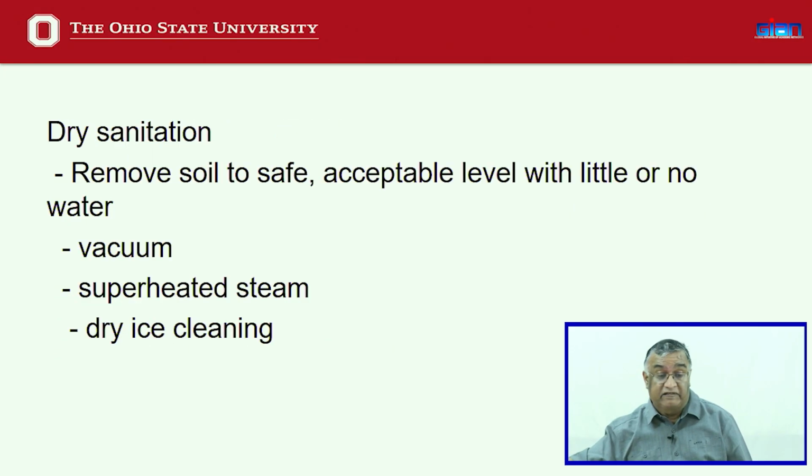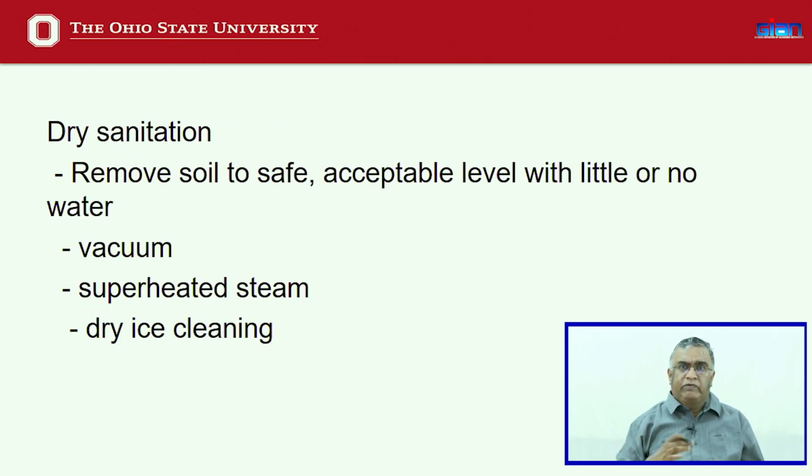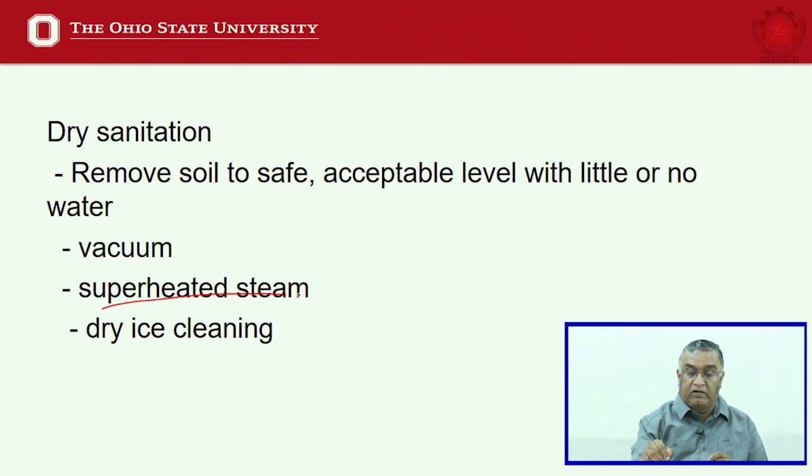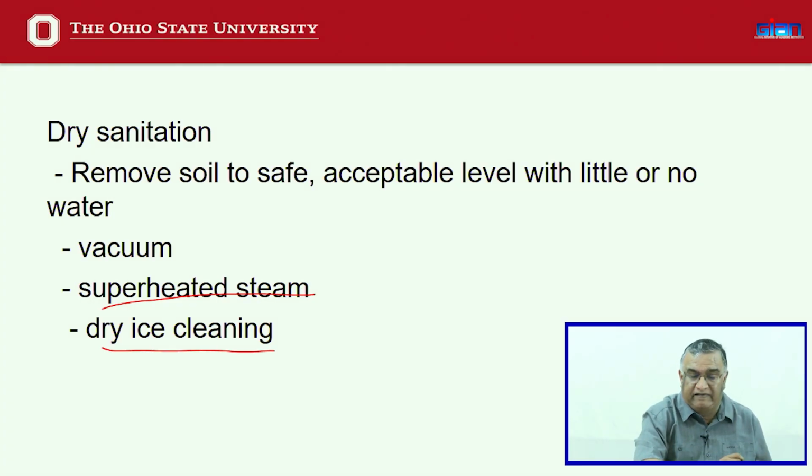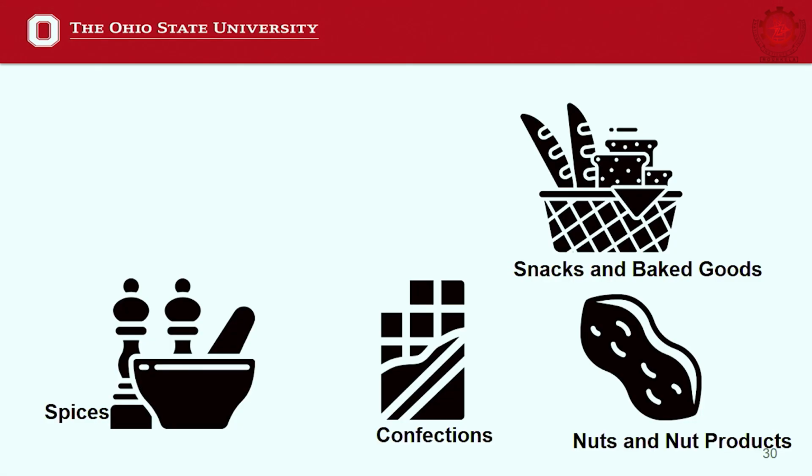We talked about dry sanitation, where the environment is one in which you cannot use water, and under those conditions you may use something called superheated steam or dry ice cleaning. Let us first talk about the dry sanitation environment.